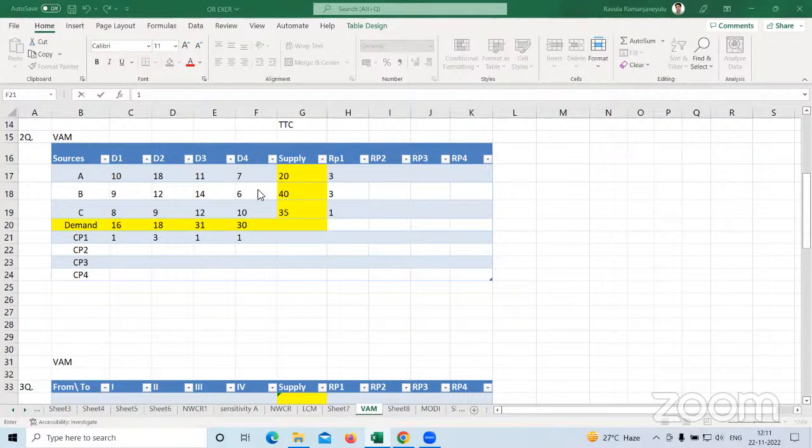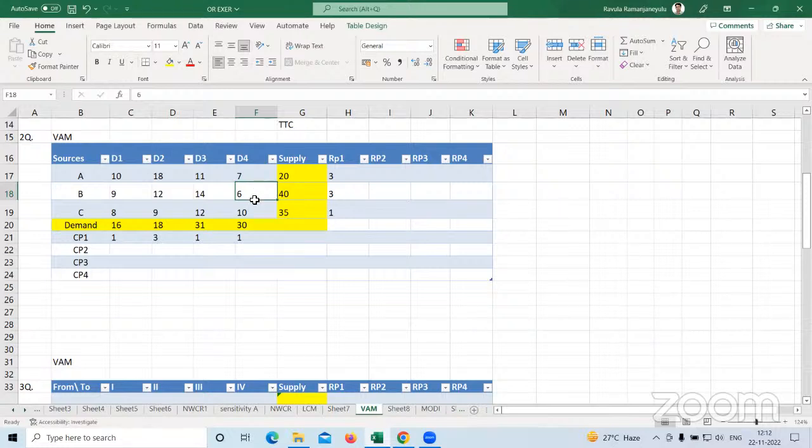Because why? Because, can you tell me? It's a low cost. Right, very good. Among all these highest penalties, if you search the least cost cell, it is this cell, that is B row and D4 column. This cell we need to allocate.